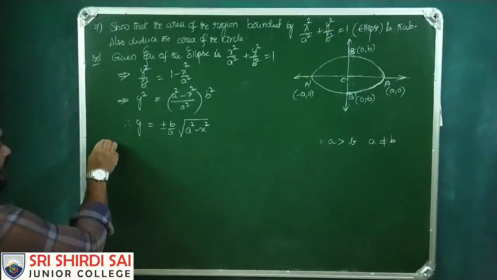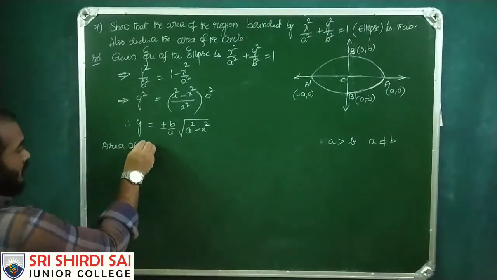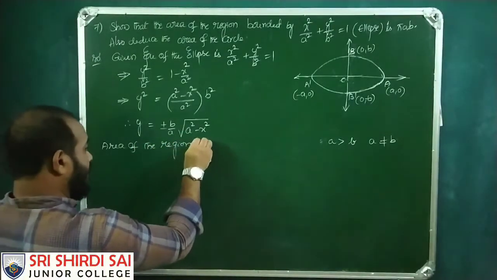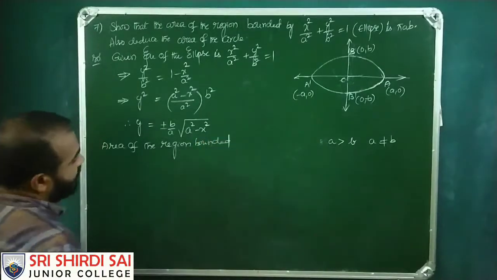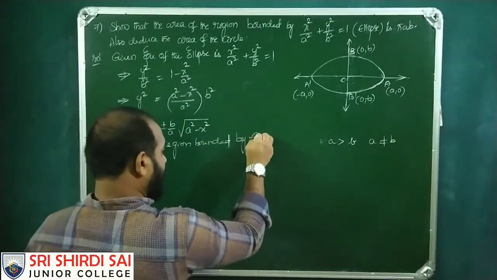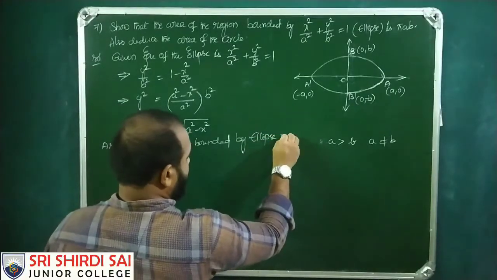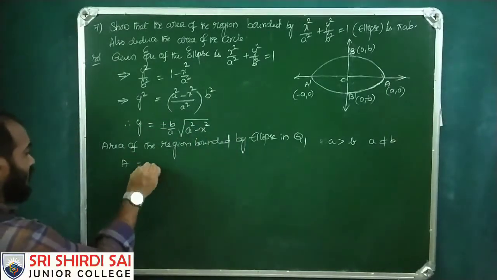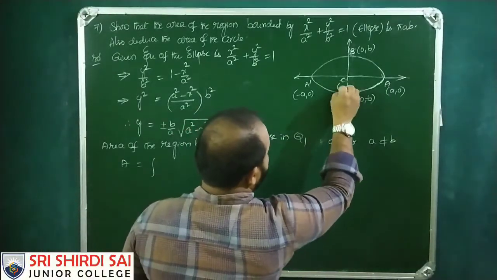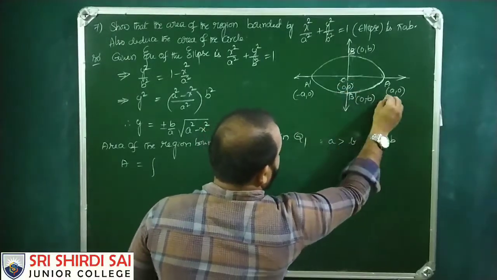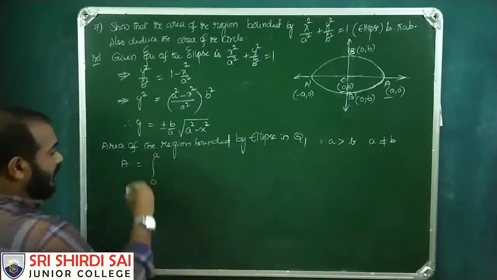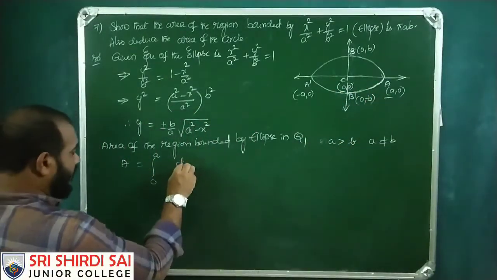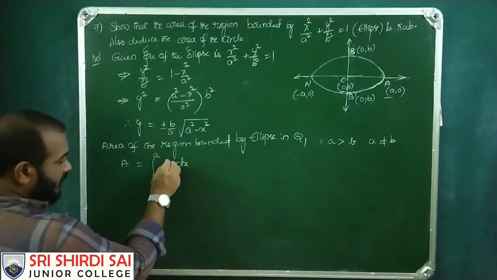Now the area of the region bounded by the ellipse in the first quadrant Q1 is equal to the integral from 0 to a, which are the limits of x, of y dx.